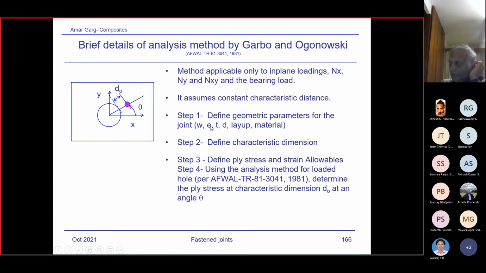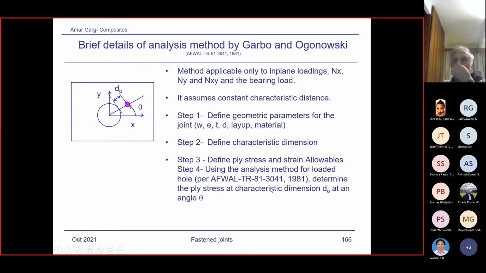But later on, modifications have occurred. So define the geometric parameters, define the characteristic dimension, define ply stress and strain allowables, using the analysis method for loaded hole, determine the ply stress at the characteristic dimension at an angle. So what happens here? The equations, as I said, are quite complex.